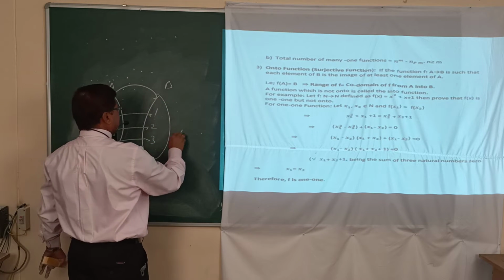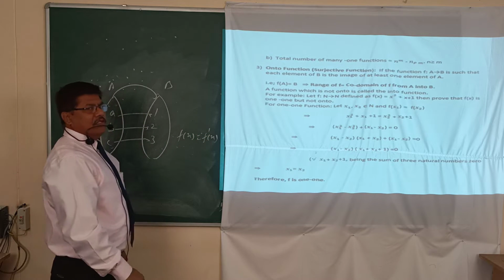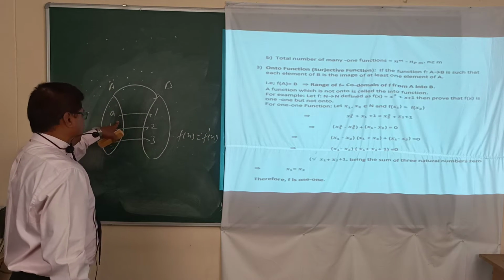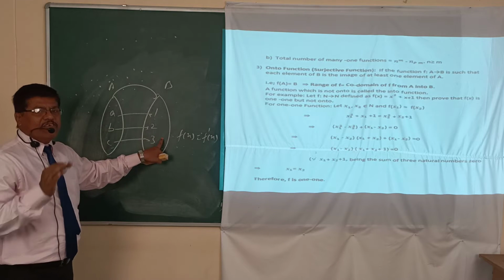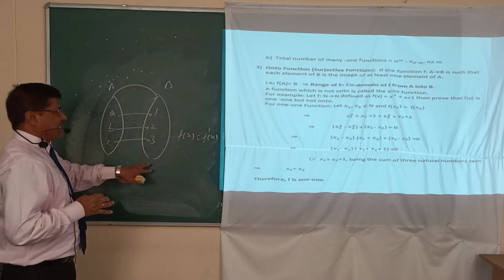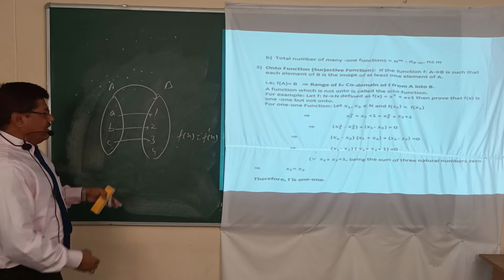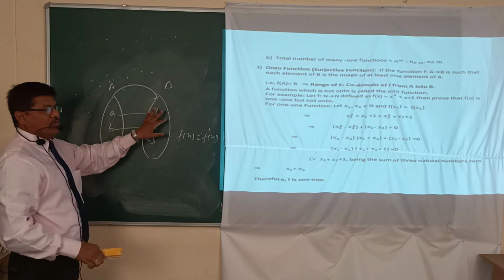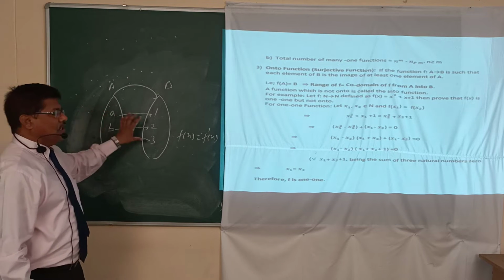It means the range is equal to the codomain of the function. That is your onto function. It means there is no extra element. If here 4 is given, then it is an into function. If there is no extra codomain element, only the range is equal to the codomain, then you can say this is your onto function.